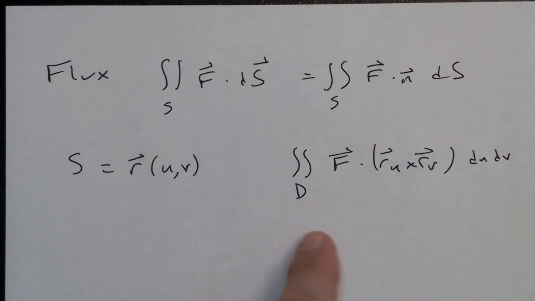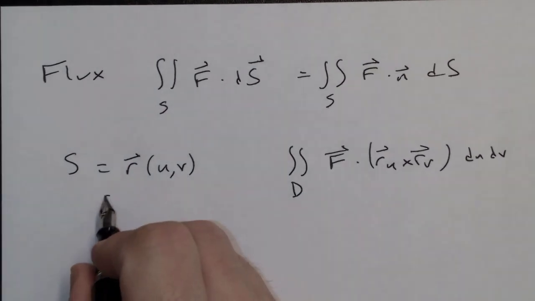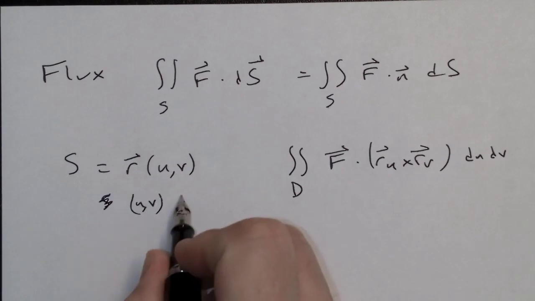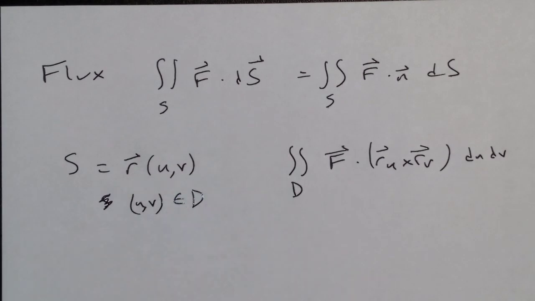And D is the domain for u and v where S lives. Now you can get that the long way by working out the normal vector being r_u cross r_v over the length of r_u cross r_v, but the dS also has that length in it, so those cancel.